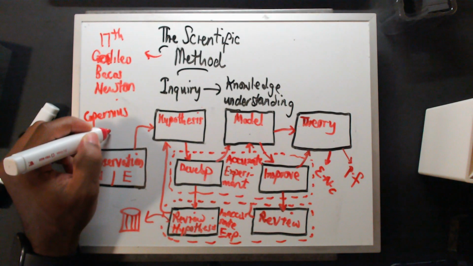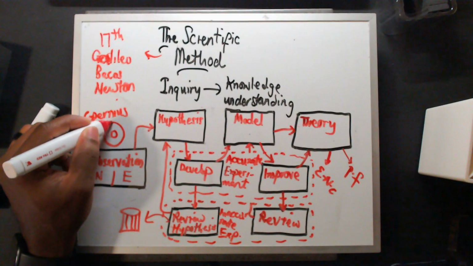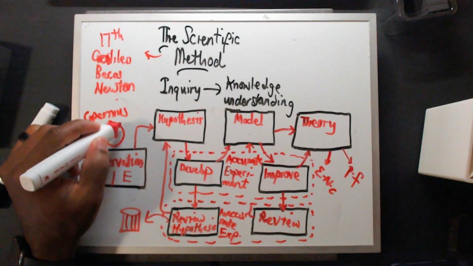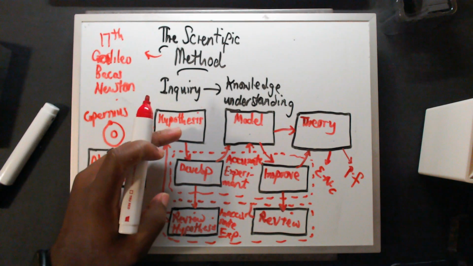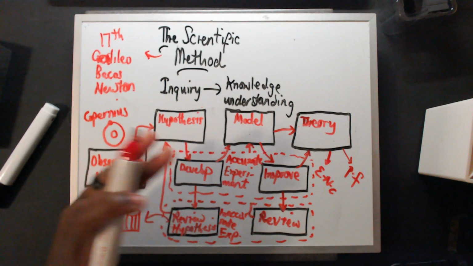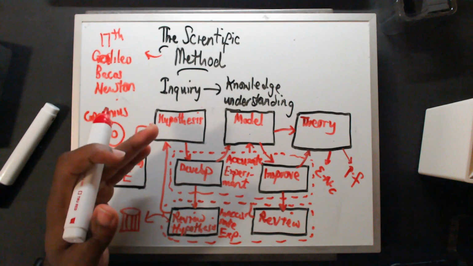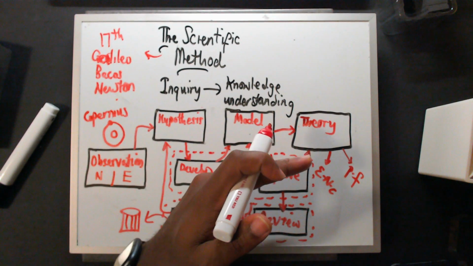In this case, he said that Earth rotates around the Sun in a circular orbit, and this was done using experiments and was reviewed in his time, and it was the model, the theory, at that time.